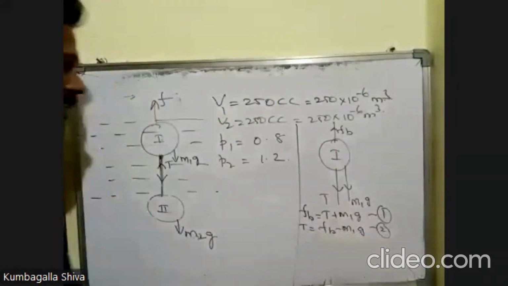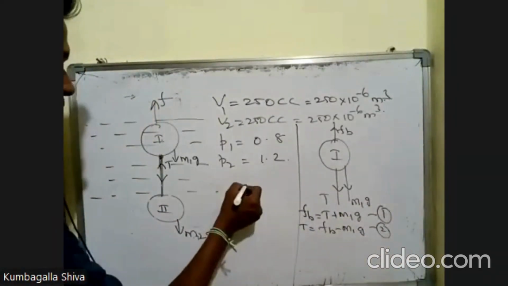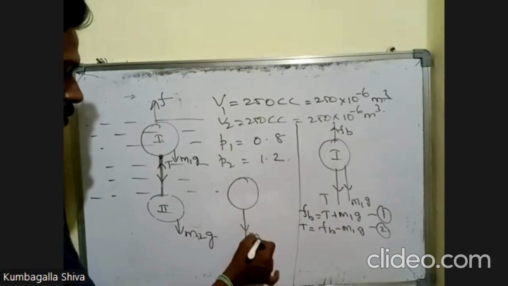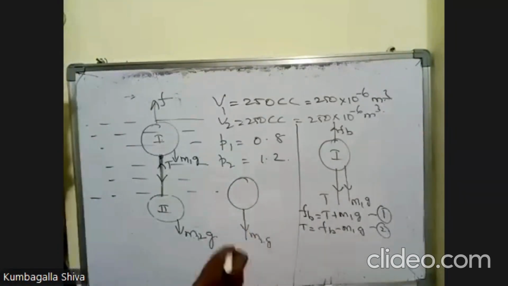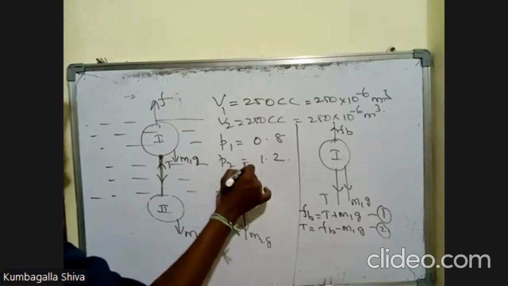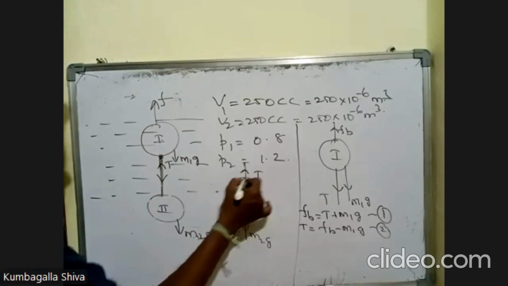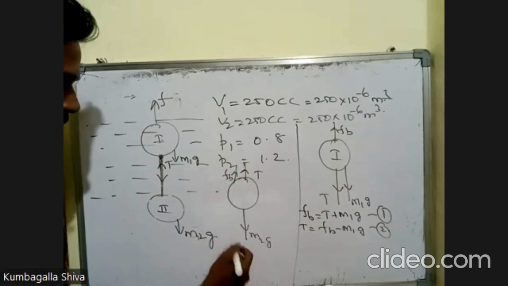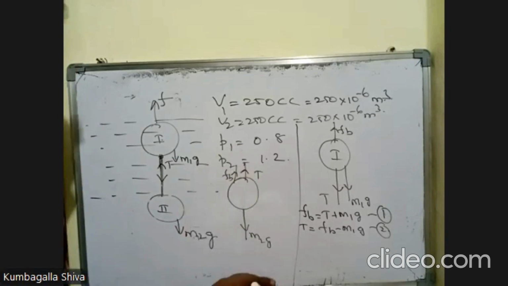Now for the second sphere, I'm drawing the FBD. You can see m2g acting downwards, and the tension is acting in the upward direction. So tension and the buoyancy force will be acting upward. For this FBD, upward force equals downward force.